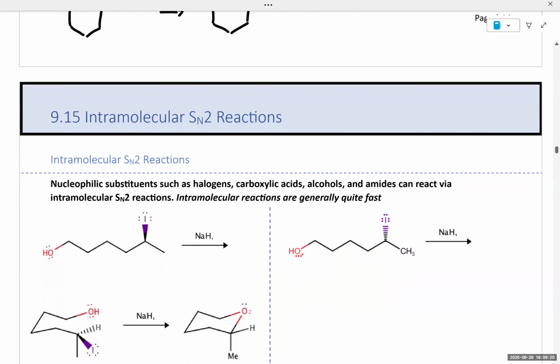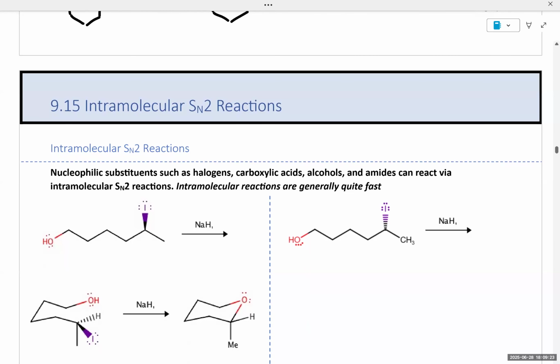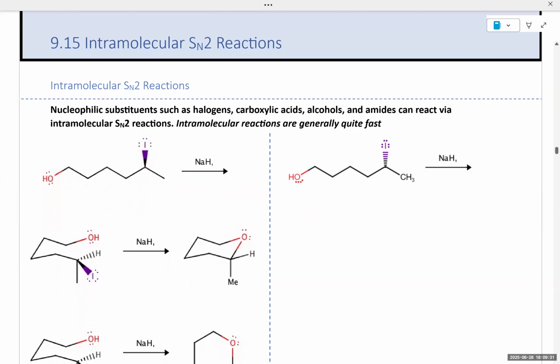We're now going to talk about a type of reaction that is, for all intents and purposes, an SN2 reaction. The kinetics are slightly different, but we're not going to worry about that for now. So let's talk about intramolecular SN2 reactions. So nucleophilic substituents such as halogens, carboxylic acids, alcohols, and amides can react via intramolecular SN2 reactions.